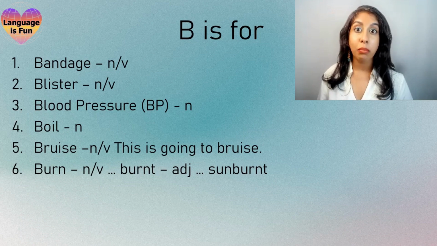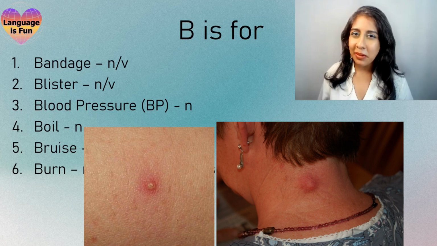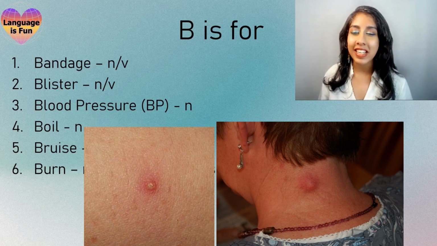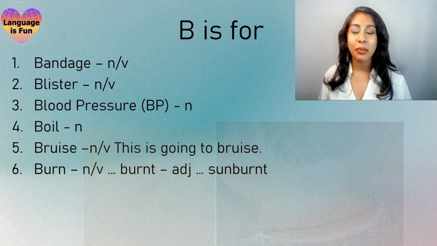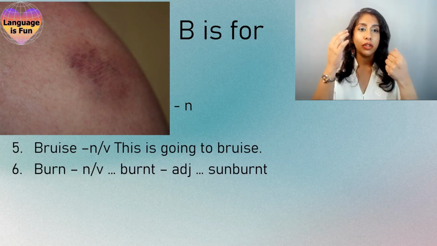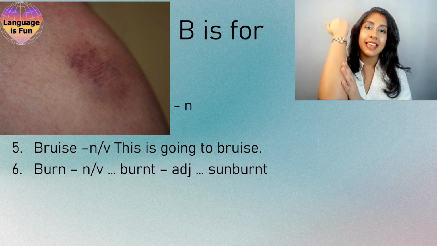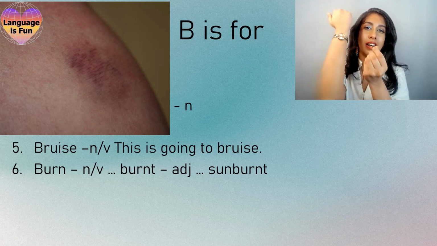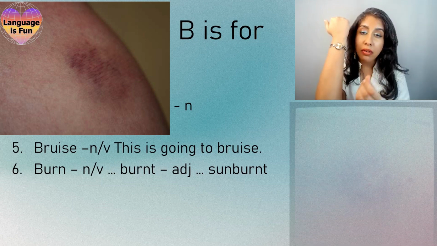Next, we have boil. A boil is not a pimple, but it kind of looks similar. You can see the picture over here. This is a boil. Okay, number 5, we have a bruise. A bruise is when you hit a part of your body, and the skin becomes a different color. Usually it becomes purple or brown.